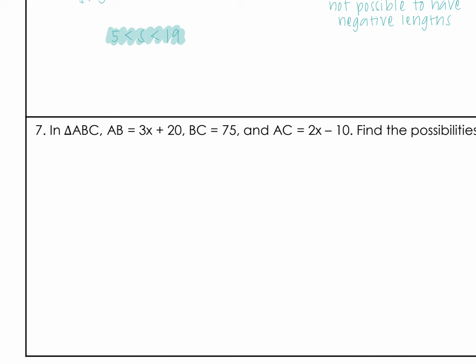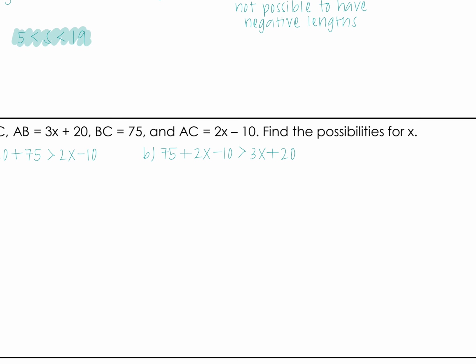And so I'm going to start off with my scenario A of just adding them. We've got 3x plus 20 plus that 75 we'll say is going to be greater than 2x minus 10. Then I can have my scenario B where I'm going to say 75 plus that 2x minus 10 is greater than 3x plus 20.